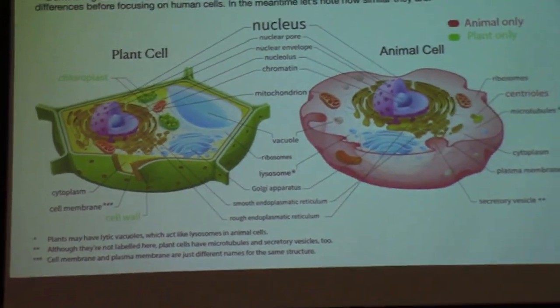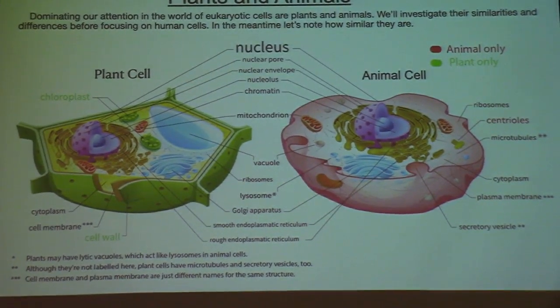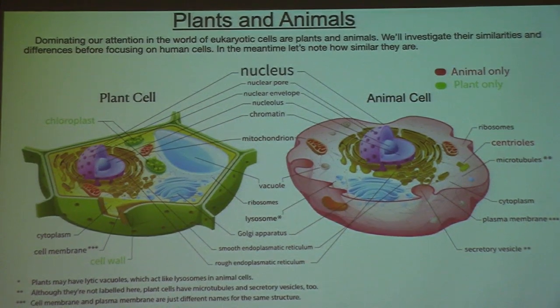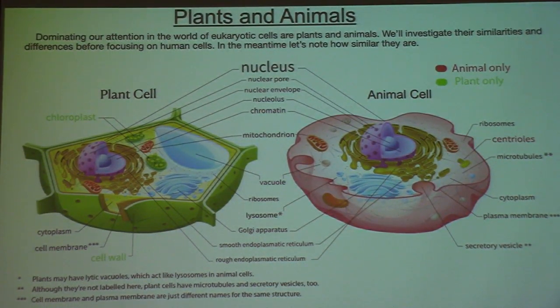So the eukaryotes that we'll be paying the most attention to are going to be plants and animals. So here is a figure of their 2 cells, and what should be striking to you is just how similar those 2 cells are. That a plant cell and an animal cell should be so similar in structure.